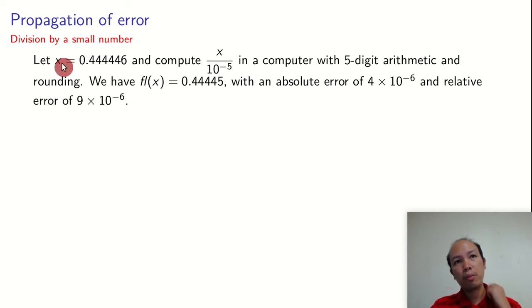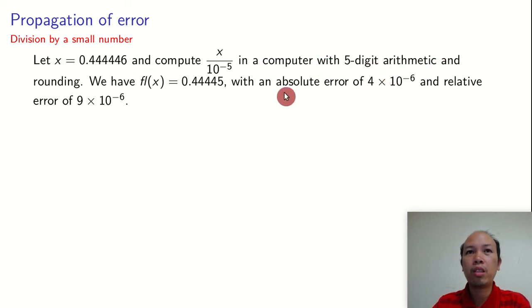So for example, if you have your x in this form, and we compute x over 10 to the negative 5 in a computer with 5-digit arithmetic and rounding, the floating point representation of x is this one, 5-digit.